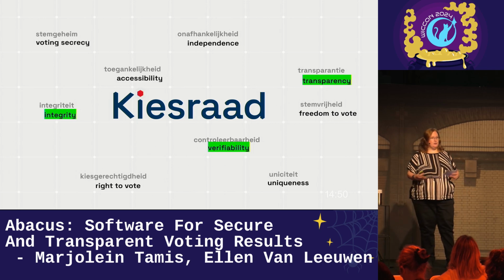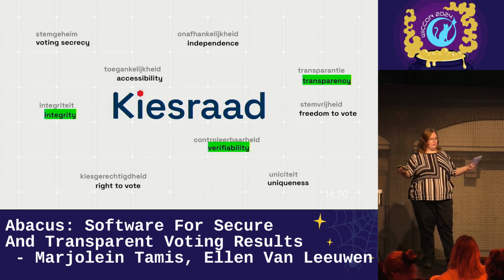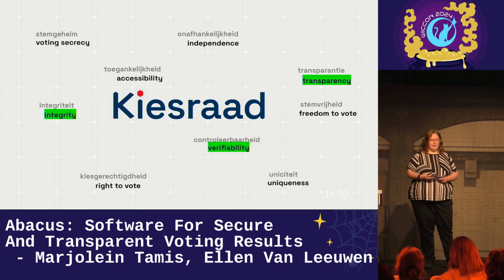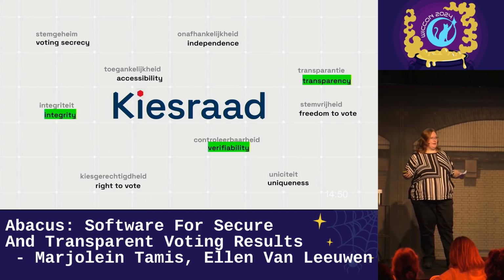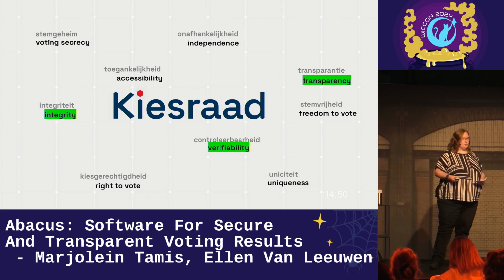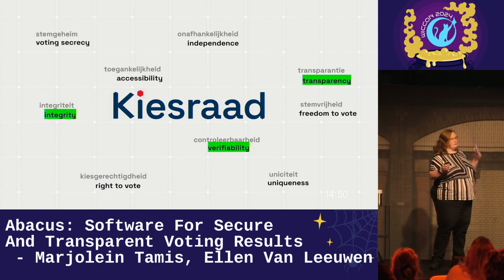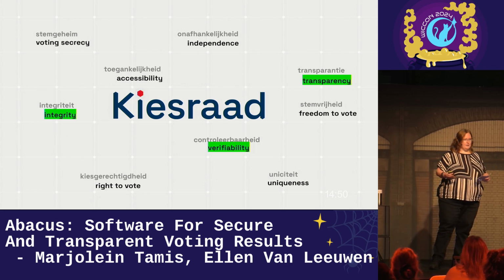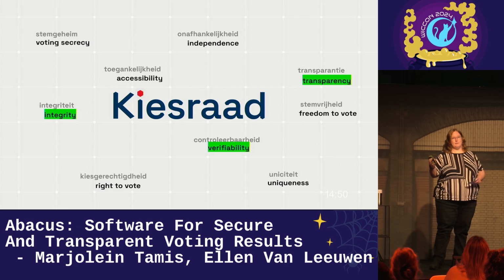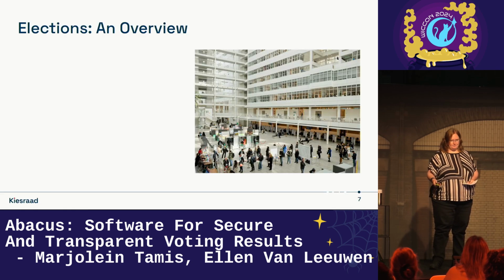Verifiability, being able to check the results for yourself. The right to vote. If you're entitled to vote, you should be able to. And unicity, everyone can only cast one vote. Of course, we are going to focus on the 3 green indicated ones: integrity, transparency, and verifiability. They're most important for our software.